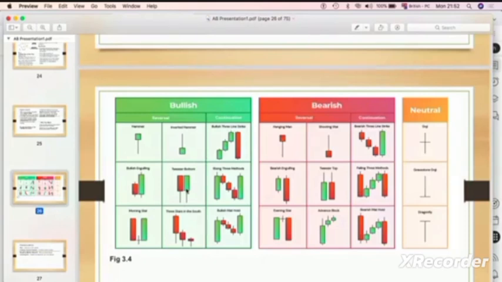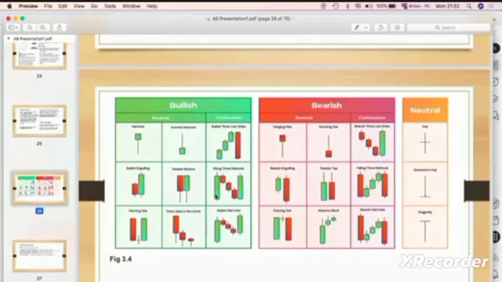So you don't need to know all of these candlestick patterns, but if you know a few of them, you are able to spot them in your analysis on your chart. It's a win-win for you because they are confirmations for entry, and if you can spot them early on when you are doing your analysis, it's very great. Okay, those are a few things you need to know when you are trading.